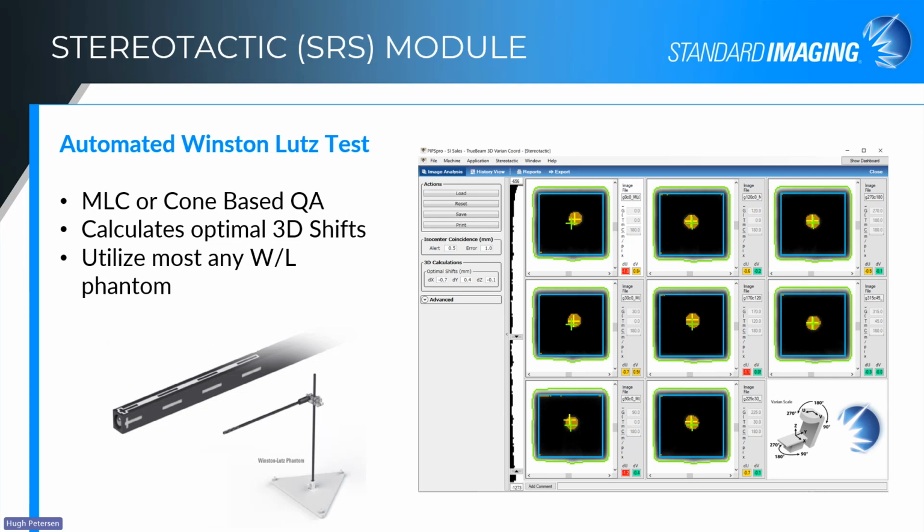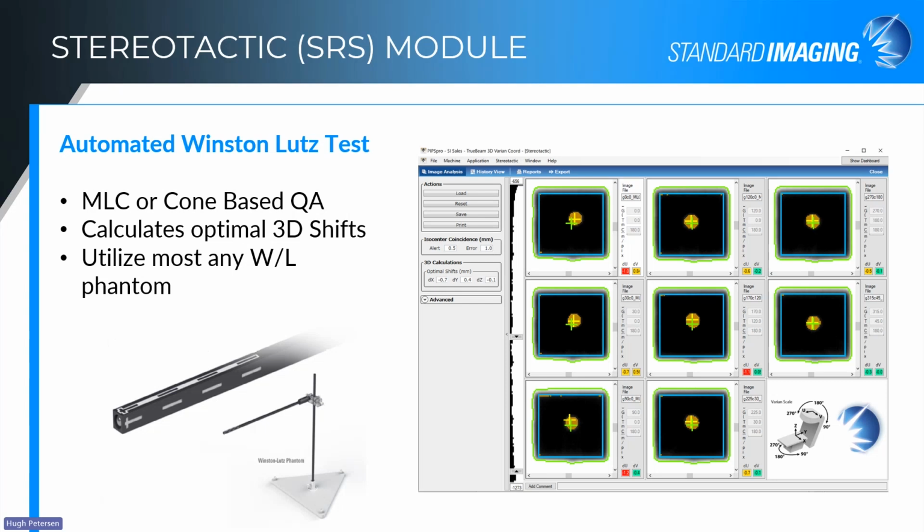It localizes on the edge of the field, and we can do fields for MLCs or cone-based QA. It localizes to that center crosshair, showing the green as the radiation center, and the brown showing the detected ball center. Even though it looks like the ball is not necessarily in the center, it does localize on the center, and then it gives you those 2D shifts for each image.